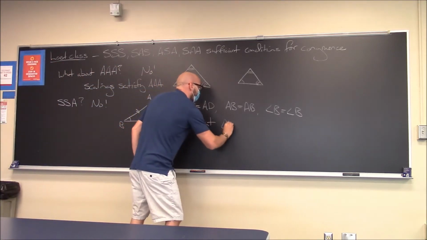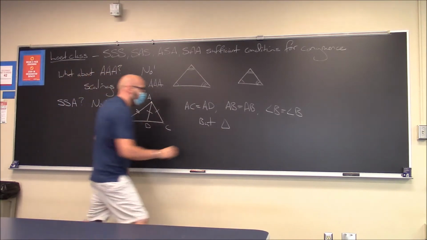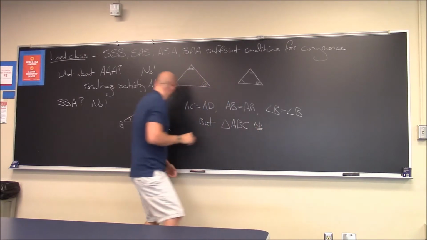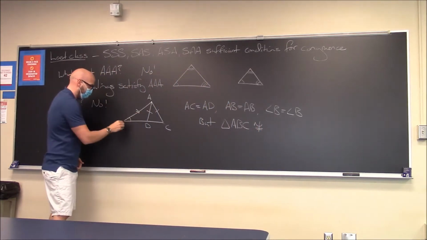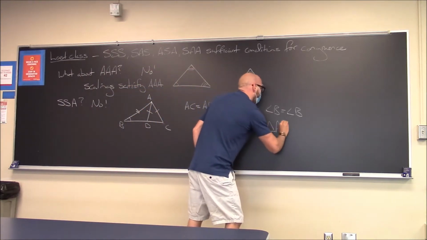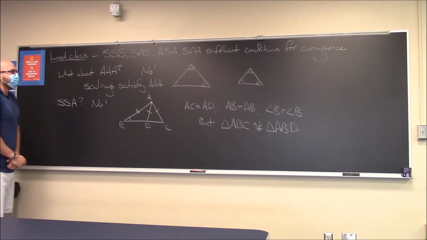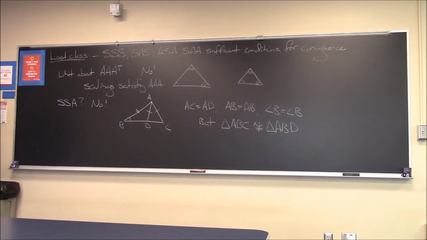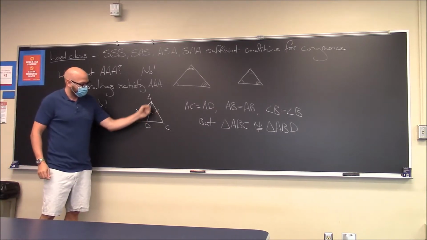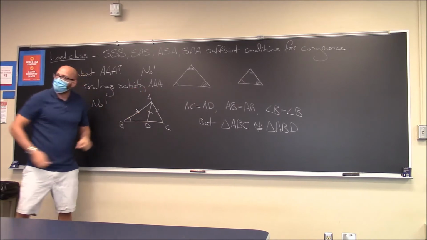ABC is not congruent to ABD. And so there's a typical failing case for SSA: you sort of think of having this leg over here, this arm, on a hinge. So keep the length the same, but twist it inwards or outwards.